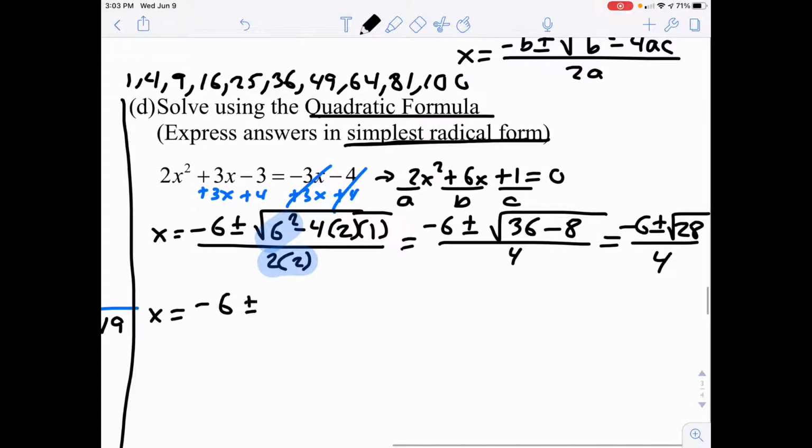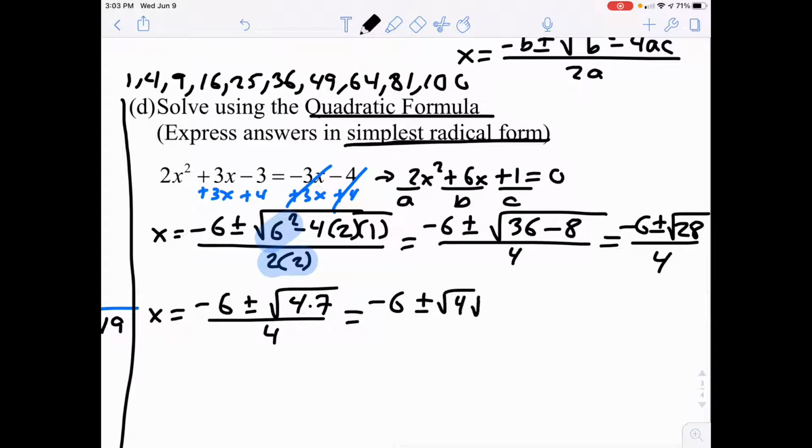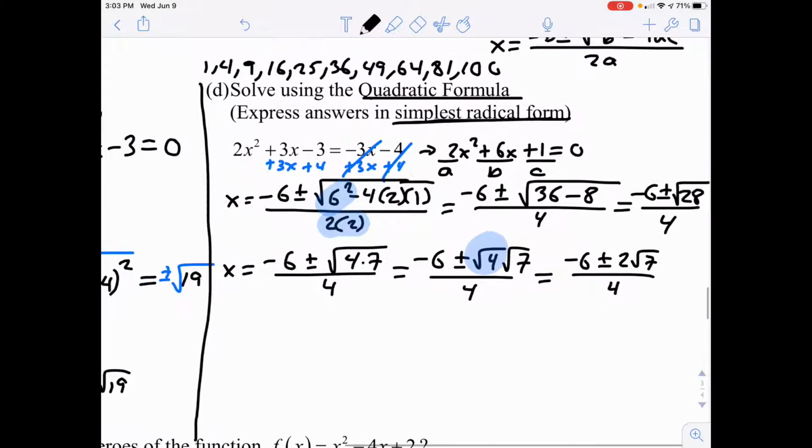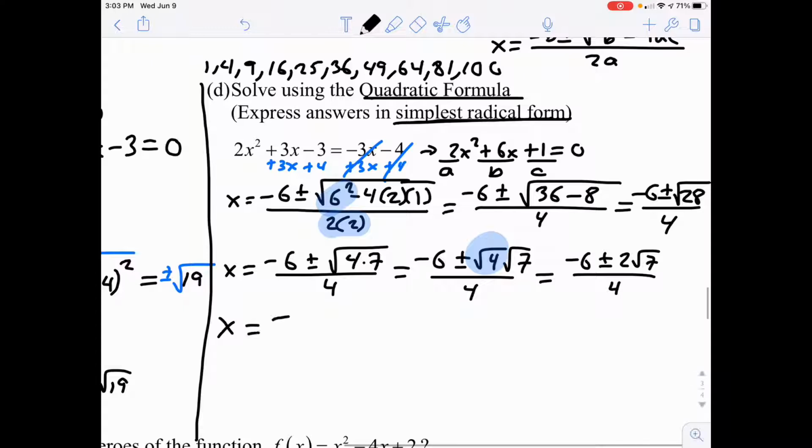Break down 28. That breaks down into the square root of 4 times the square root of 7. Which we can take the square root of 4, so negative 6 plus or minus 2 radical 7 over 4. And then we'll split this up into 2 separate fractions. So negative 6 over 4 plus or minus 2 radical 7 over 4.